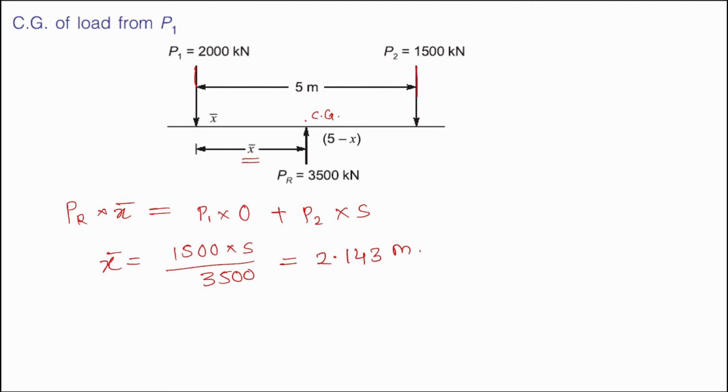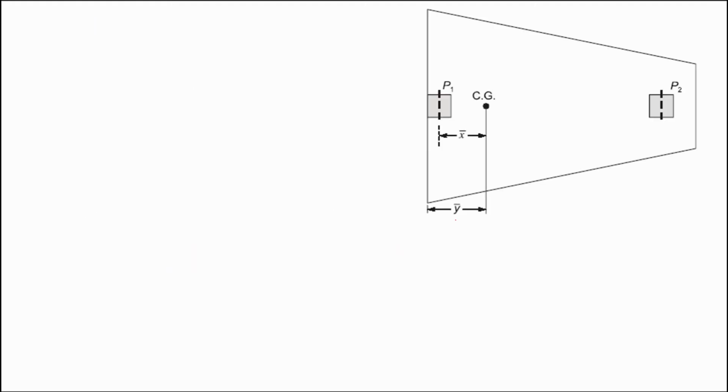Right? So now let us find this y bar. y bar is the distance from the left side of the footing to the CG of the footing.